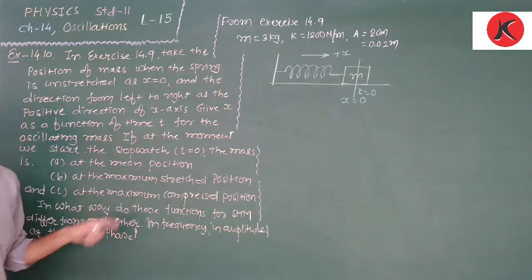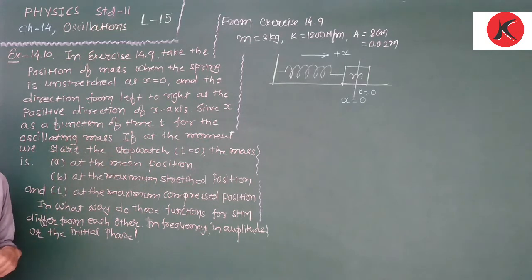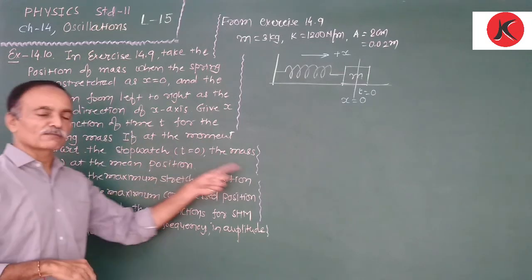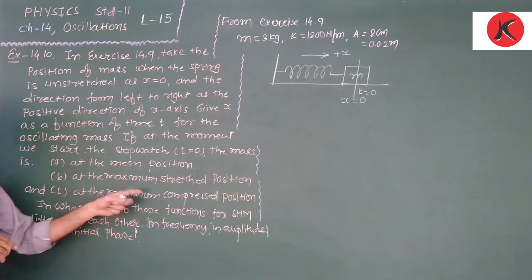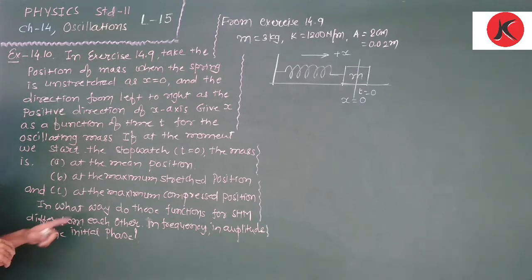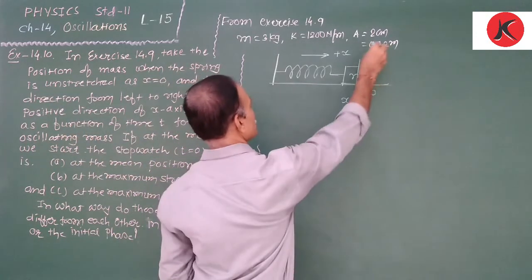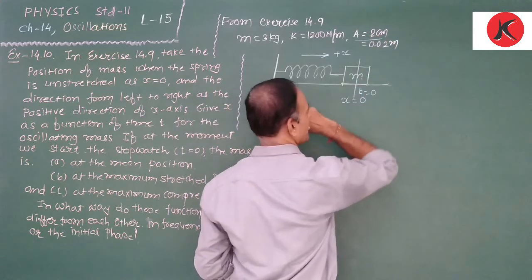What should be the equation of displacement, that means the simple harmonic motion? Second, at the maximum stretched position, and third, at the maximum compressed position. In what way do these functions for simple harmonic motion differ from each other: in frequency, in amplitude, or the initial phase? Okay. Now, here the amplitude is given as 2 centimeter.